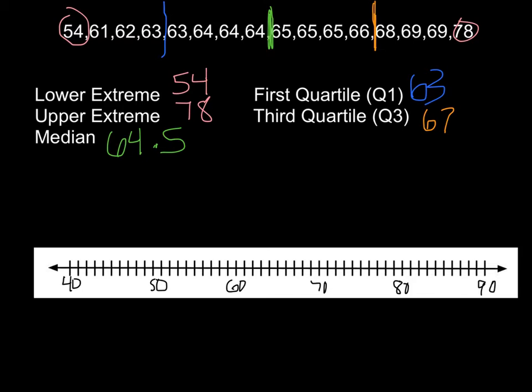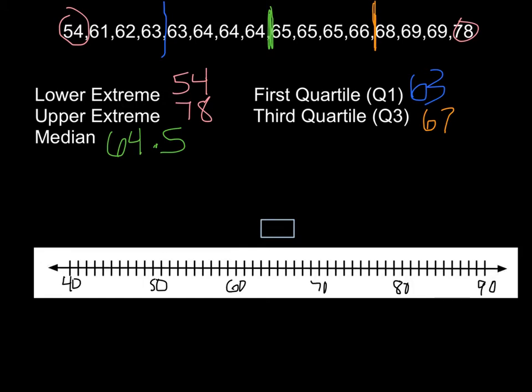Our box will start where the first quartile is on 63, and it'll end on 67. Okay, so if we look at our line here, this is 60. 1, 2, 3. The beginning of our box will start here, and it'll end on 4, 5, 6, 7 here. So let's draw that box.